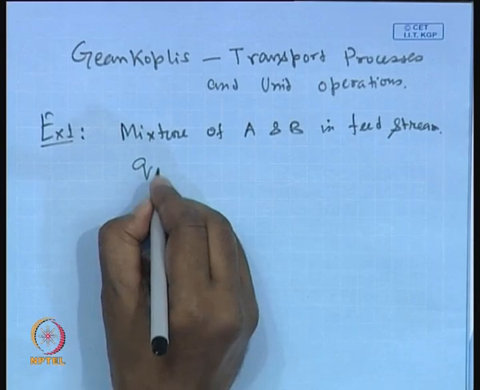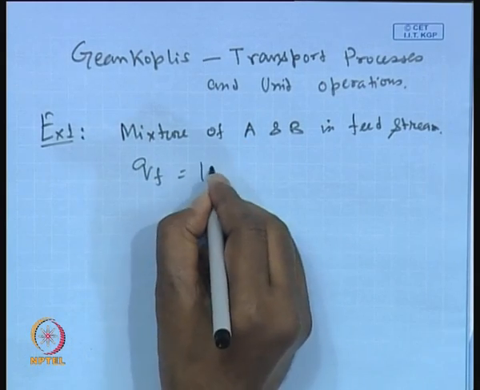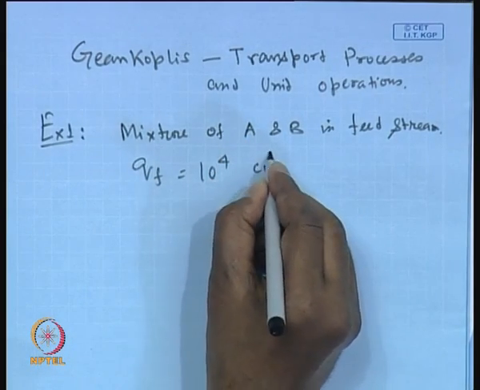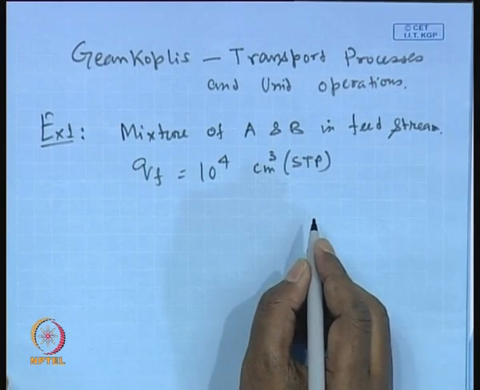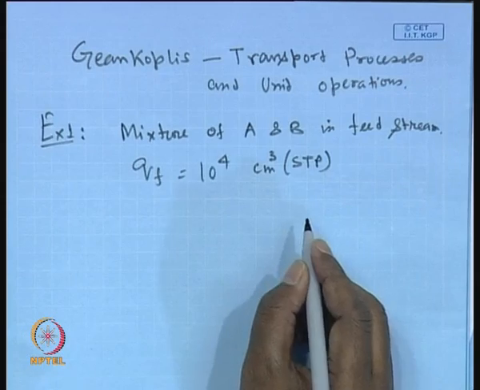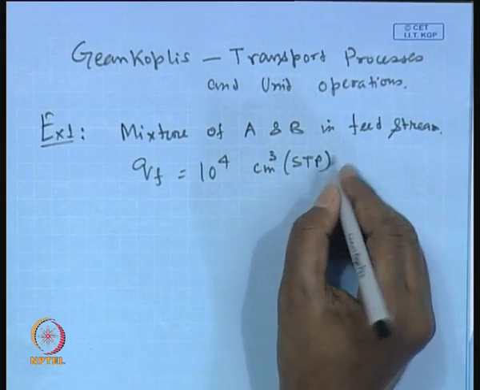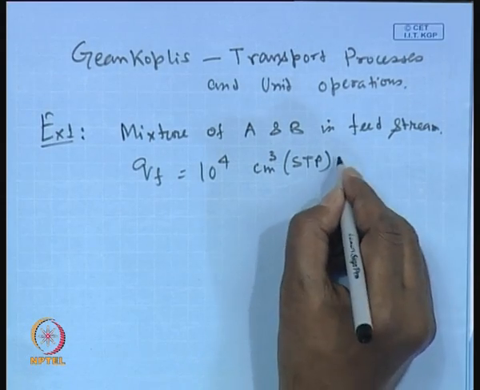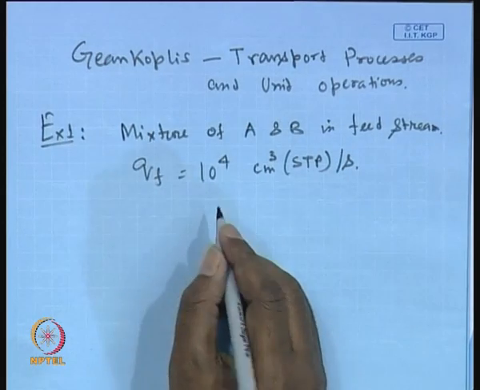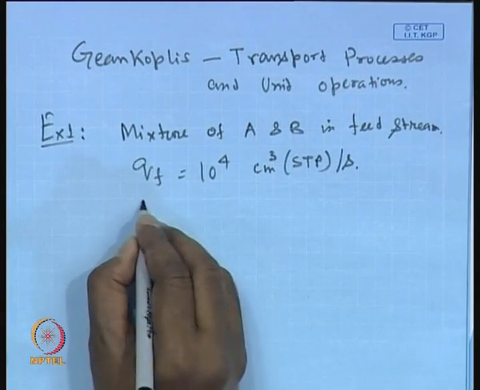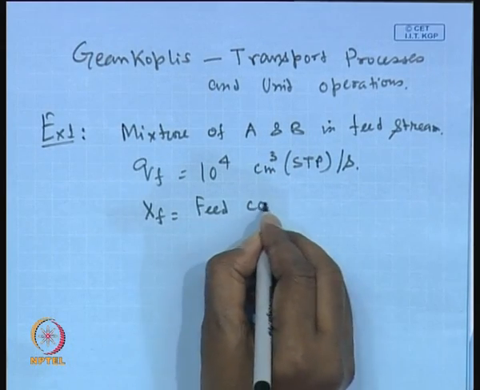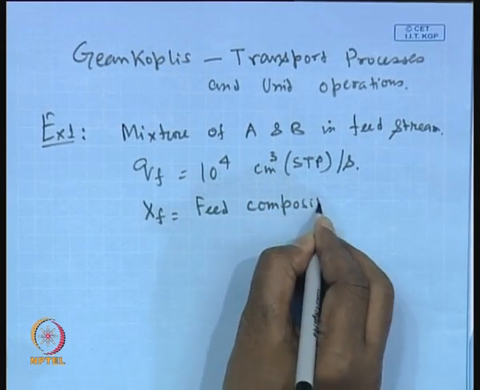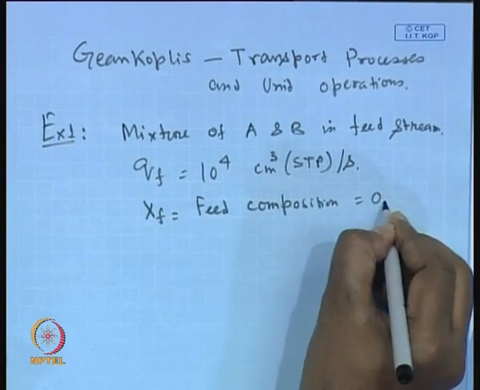The feed flow rate is given as QF as 10 to the power 4 cubic centimeter at STP, standard temperature and pressure, that is 1 atmospheric pressure and 27 degree centigrade. QF is 10 to the power 4 cubic centimeter per second, and the feed composition that is going into the system is 0.5.